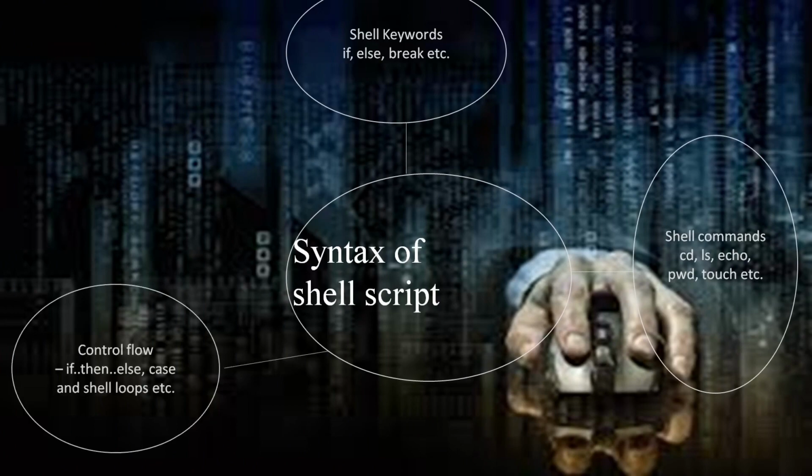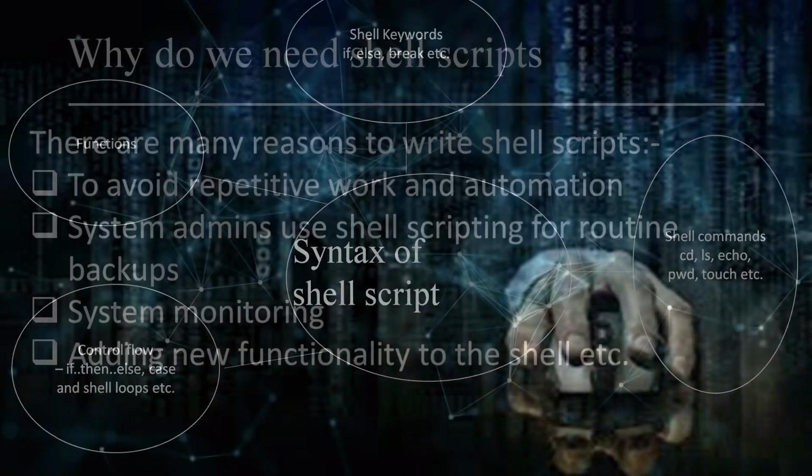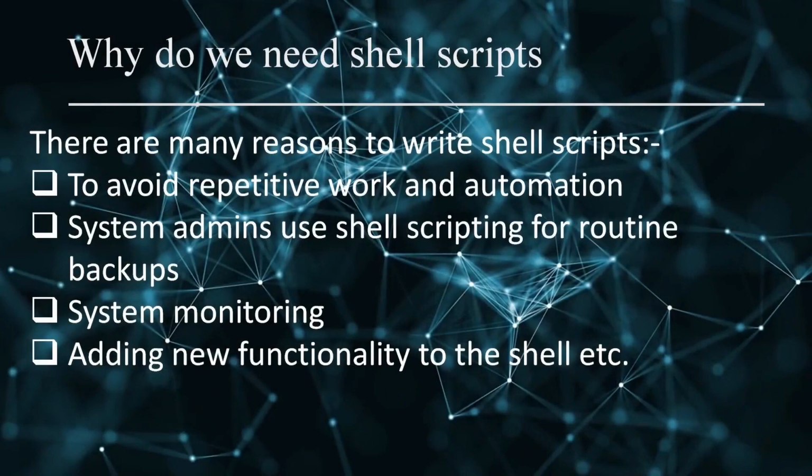So why do you need shell script? There are many reasons to write shell script. The first is to avoid repetitive work and for automation. It helps avoid repetitive work for admin, for backups, for system monitoring, for adding new functionality to the shell, and also there are different uses.